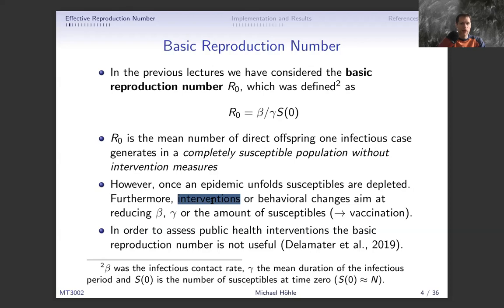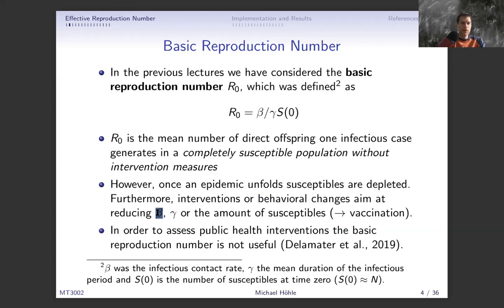So this is why it's important to both assess what the system can do to guide individuals into the favorable direction, but what is most important is what the behavioral changes actually done by the individuals in the population are. And these interventions or behavioral changes aim at reducing, for example, your infectious contact rate.